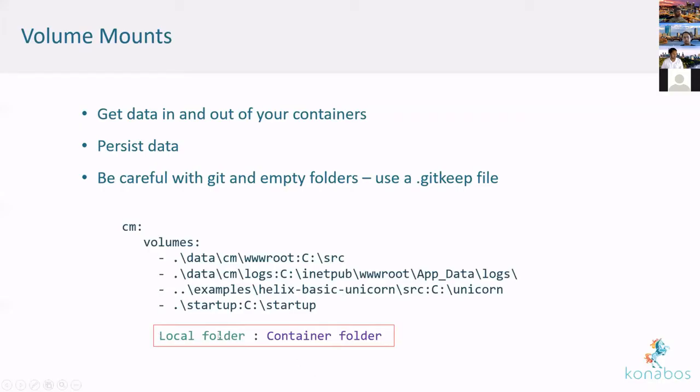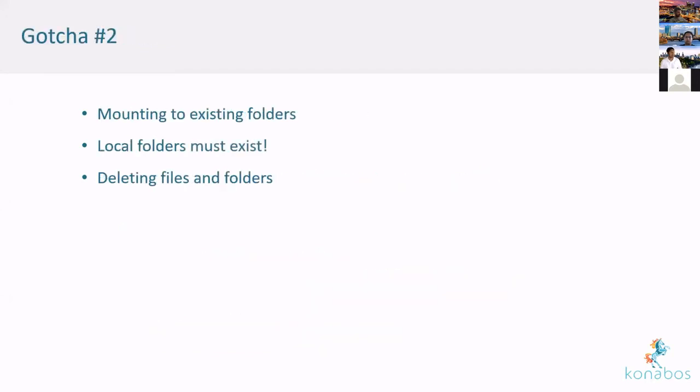So you're specifying on the left-hand side of the semicolon where the local folder path is, and that can be either relative or absolute. It could be C/ my project / Unicorn, for example. And then on the right-hand side, it's the mount within the container folder itself.